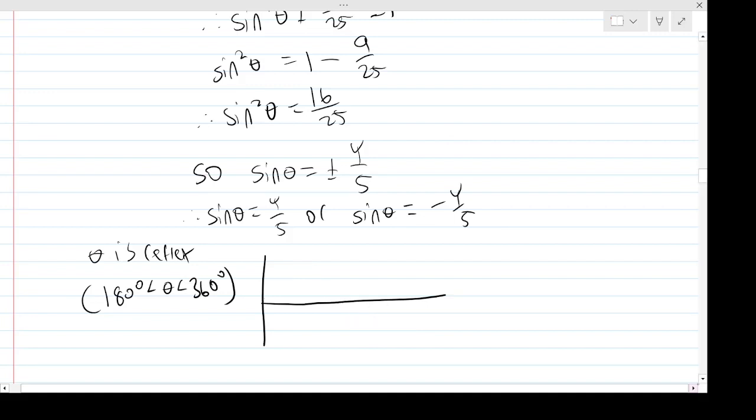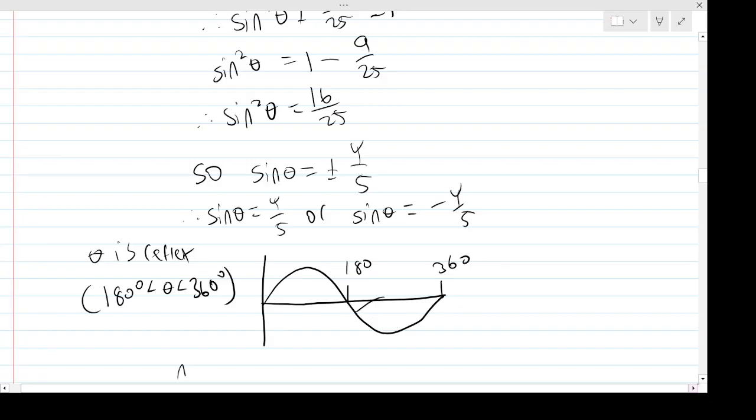Let me draw that again. There we are. Where this is 180 there, and this is 360. Well, between 180 and 360, that's the negative part of the sine graph, so it has to be negative.